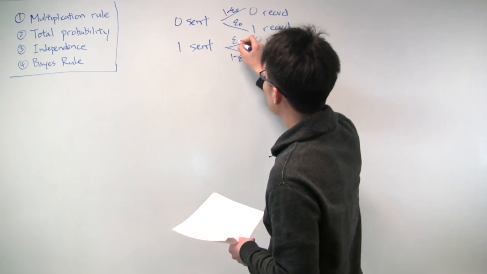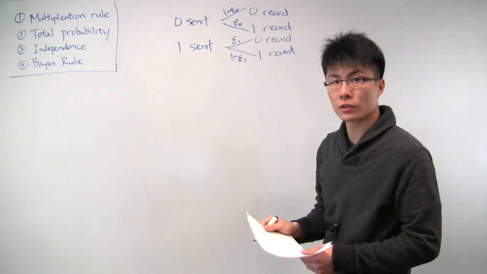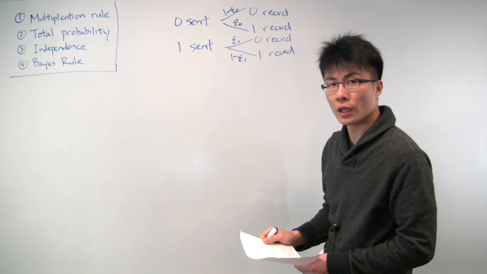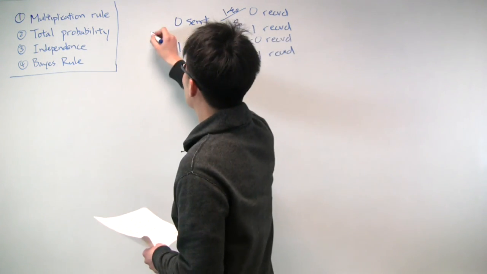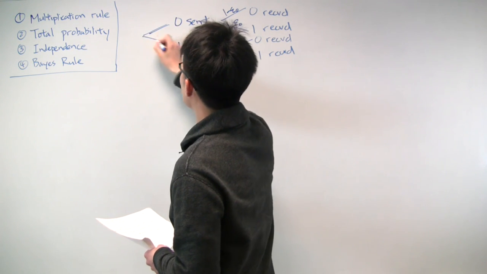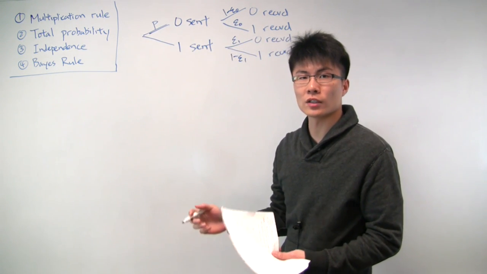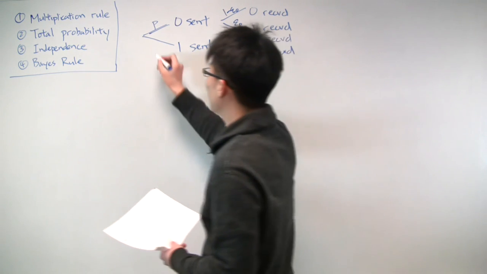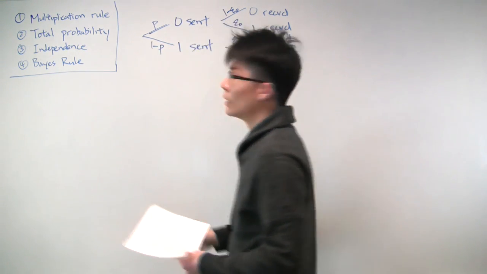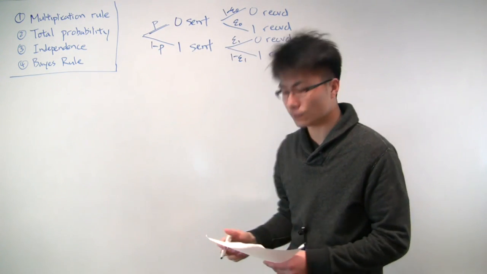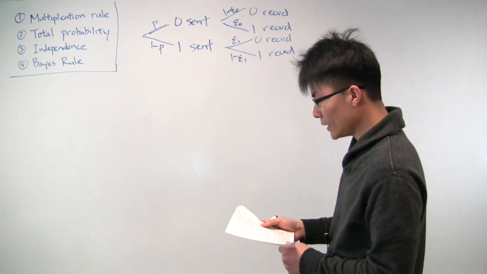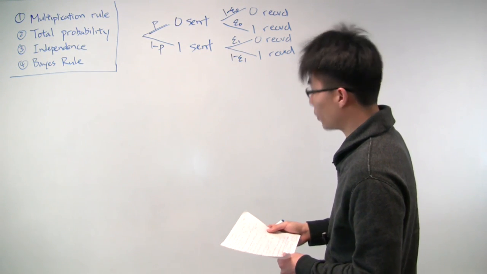And with the remaining probability epsilon 1, it's turned into a 0 instead. And the last bit of information is that we know that with probability p, any random bit being sent is a 0. And with probability 1 minus p, we're actually trying to send a 1. All right, so that is the basic setup for the problem.